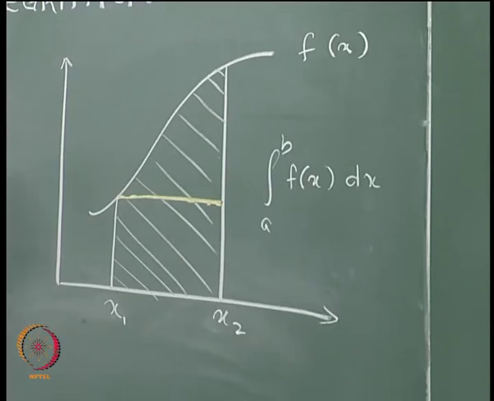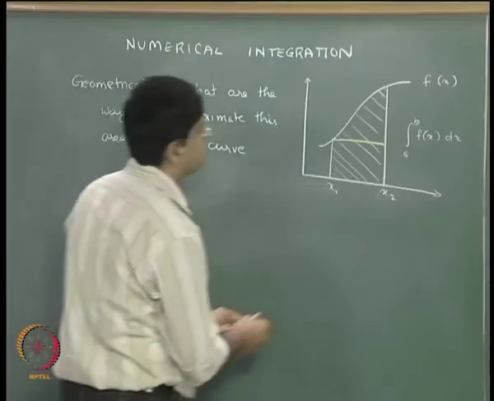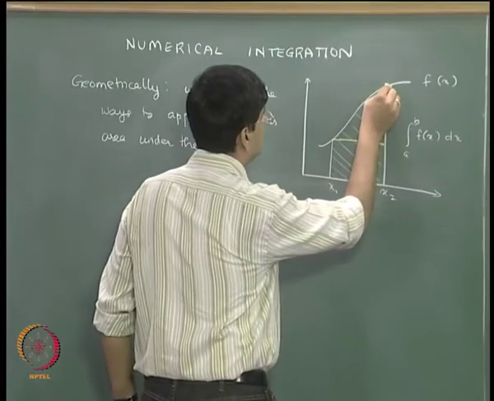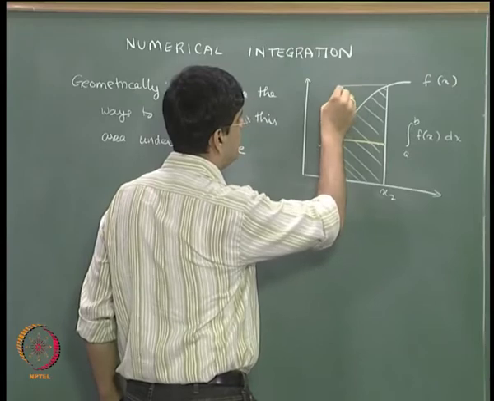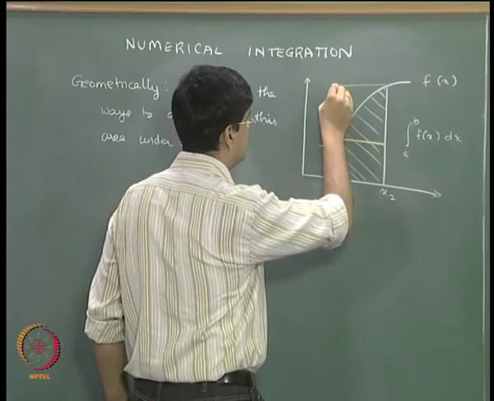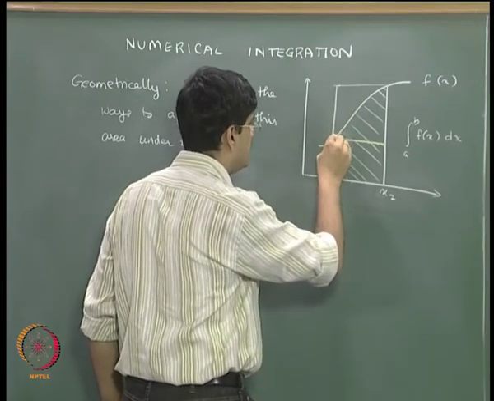The other possible way of approximating the area under the curve is to take this particular line and complete the rectangle over here. So that is the purple area.